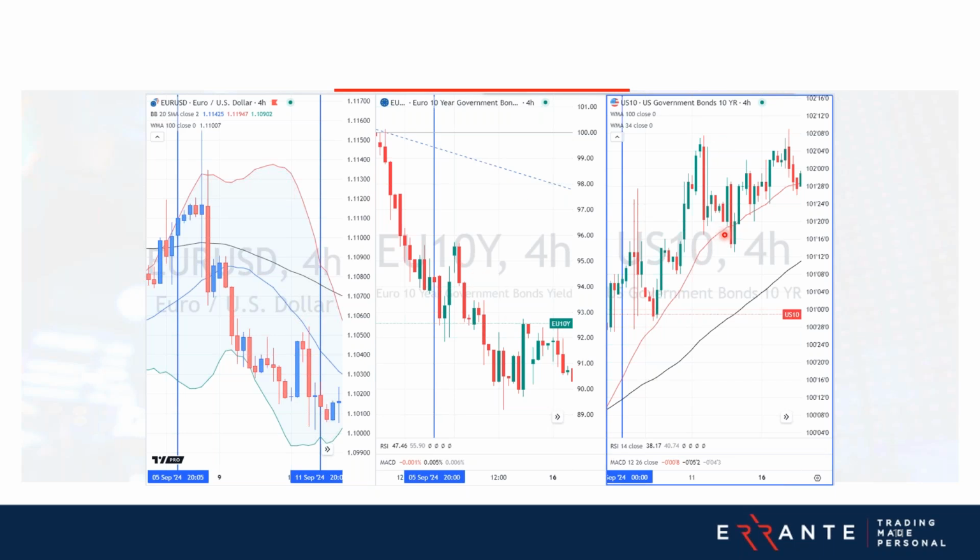And the right panel is the US 10-year government bond yield. So the Euro USD pair has been trending downward recently, moving from around 1.1140 to the 1.1020 region, as you see here in the chart.